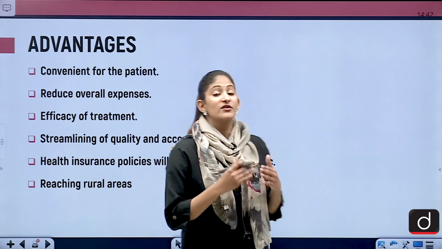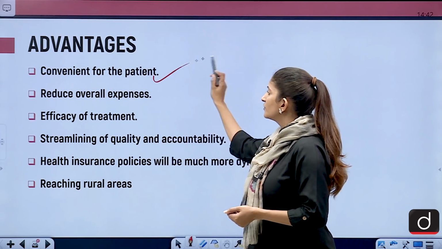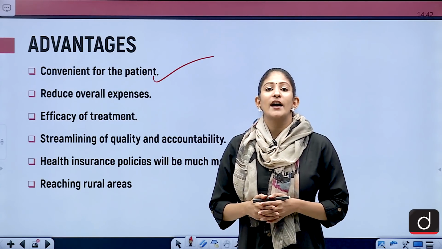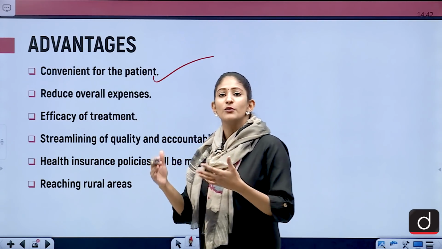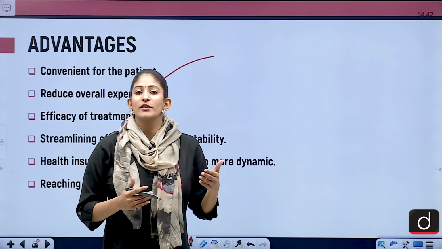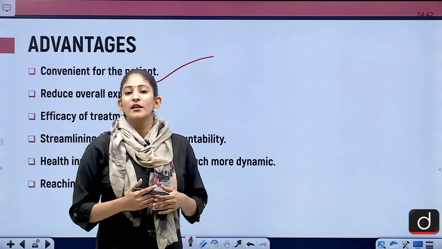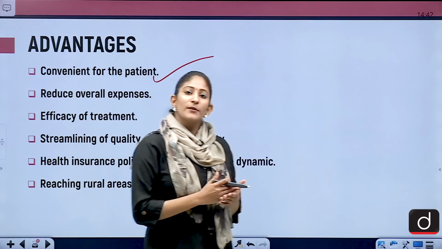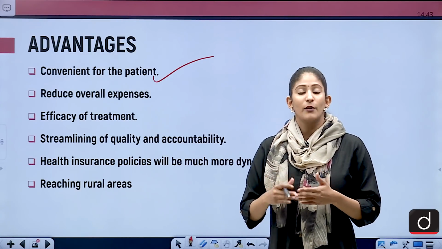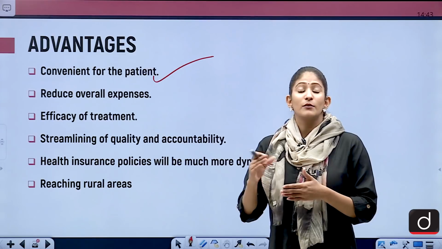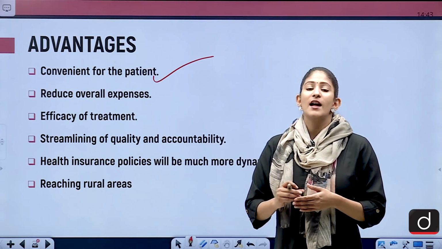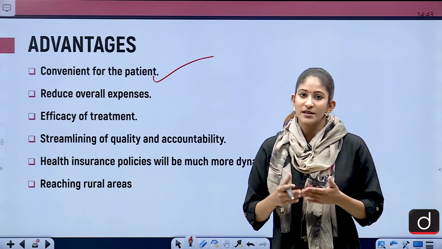First, it is extremely advantageous and very convenient to the patient. The patient needs to carry almost 4 to 5 different reports when going from one doctor to another. In that entire process, with so many documents, it is very difficult for the doctors to corroborate, and for the patients as well to deal with so many documents in manual form.